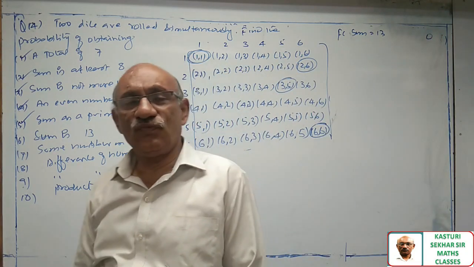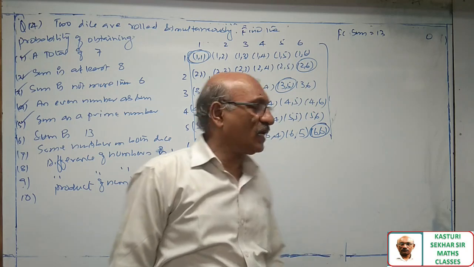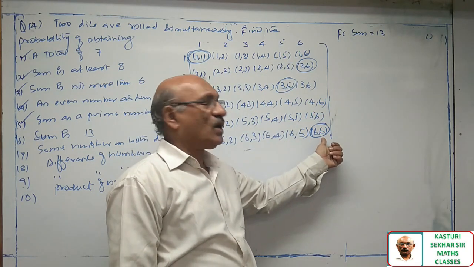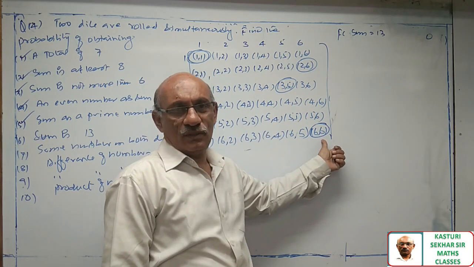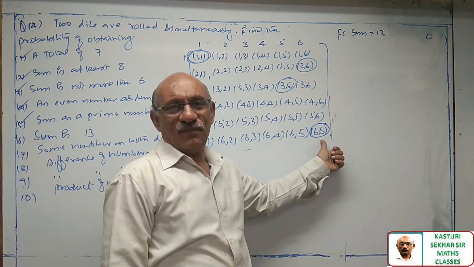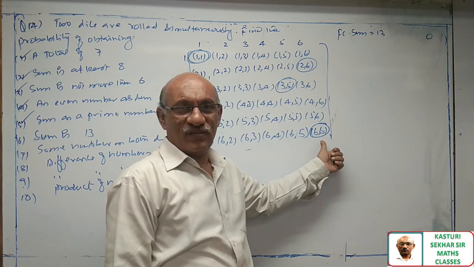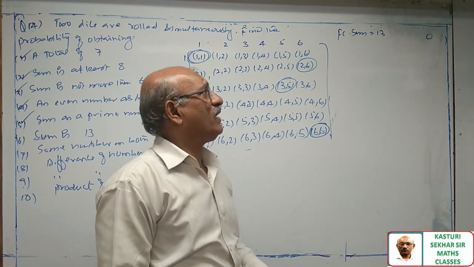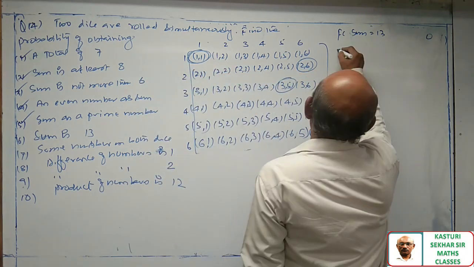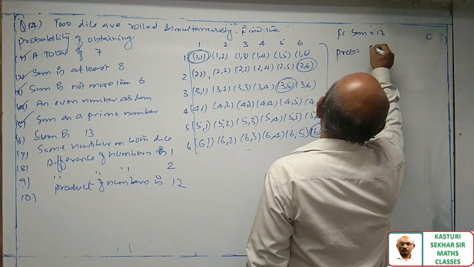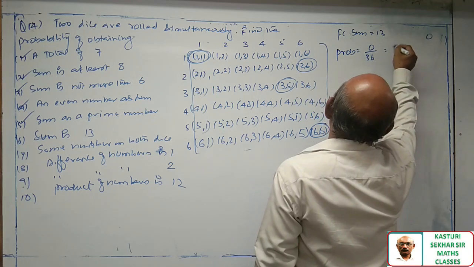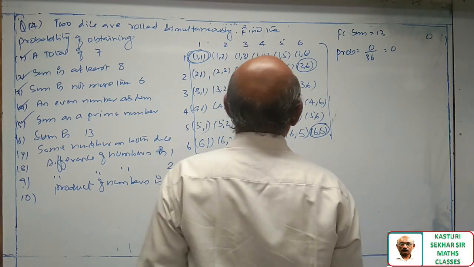There is no case which will support sum is equal to 13 because when 2 dice are rolled, the maximum value is 12. 6 plus 6, 12. So there is no question of getting 13. So probability is favorable cases by total number of cases, 0.